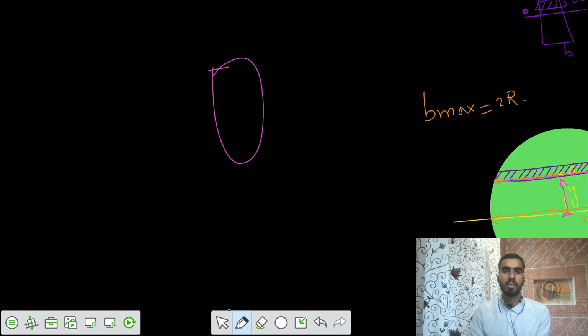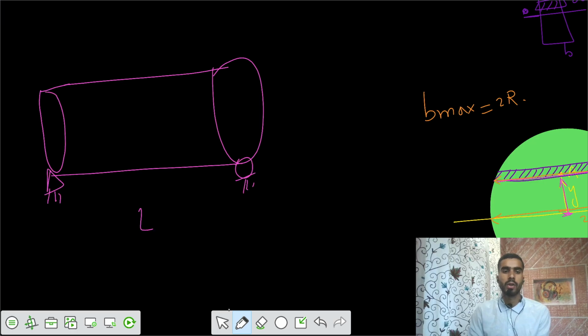So you have a beam with a circular cross section, of length L, and it is a simply supported beam. Now you have applied some loads, forces, and moments. At a particular point A, at a distance of x, you want to find the shear stress.